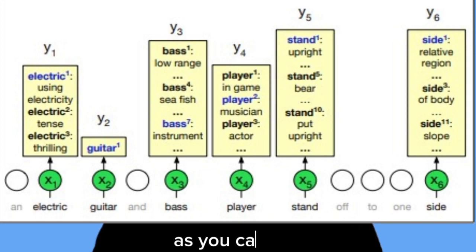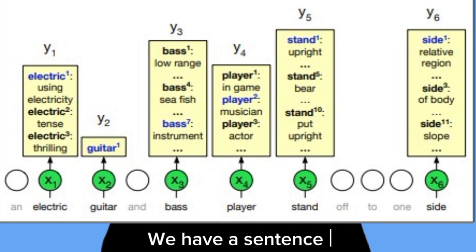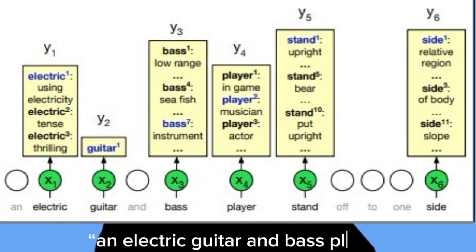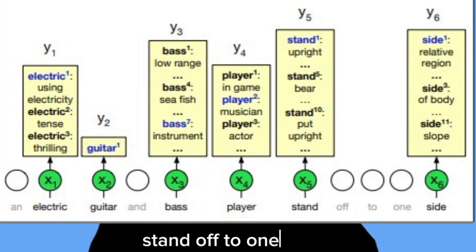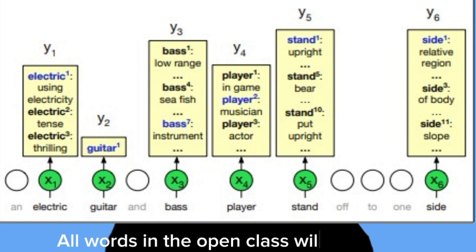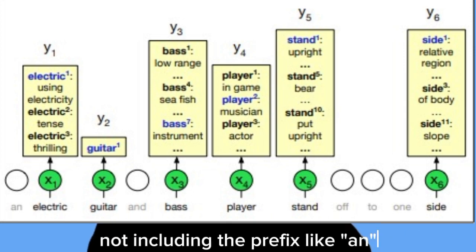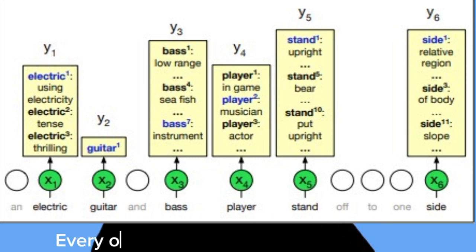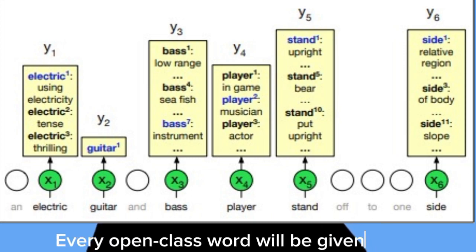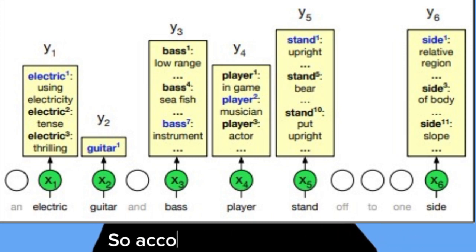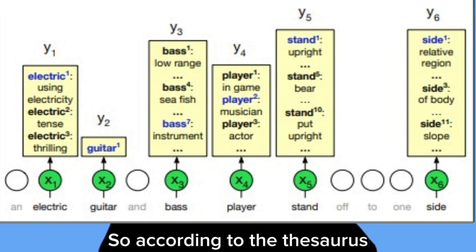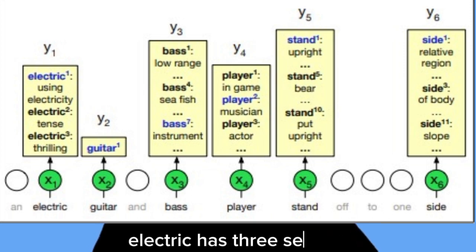As you can see, we have a sentence: an electric guitar and bass player stand off to one side. All words in the open class will be labeled, not including function words like "and". Every open class word will be given a sense. So according to the thesaurus, electric has three senses.